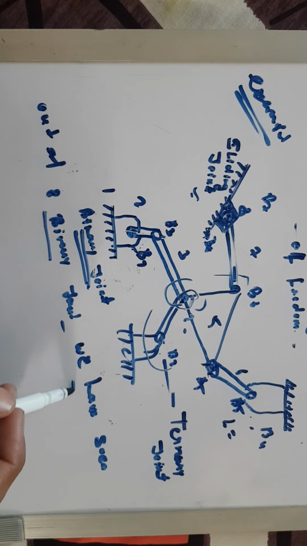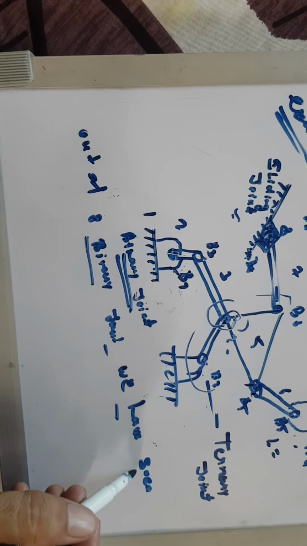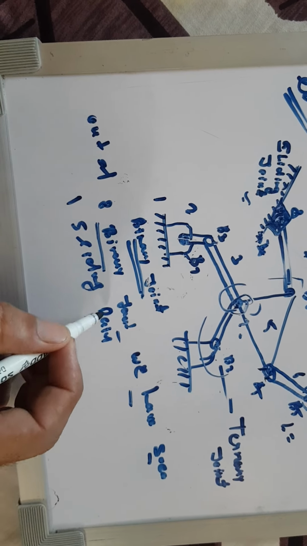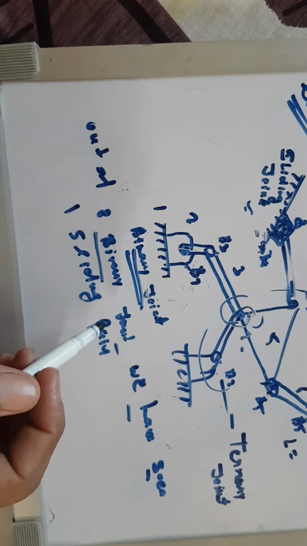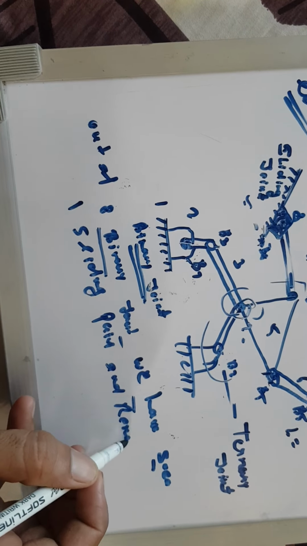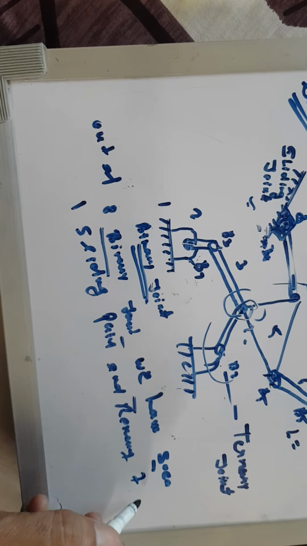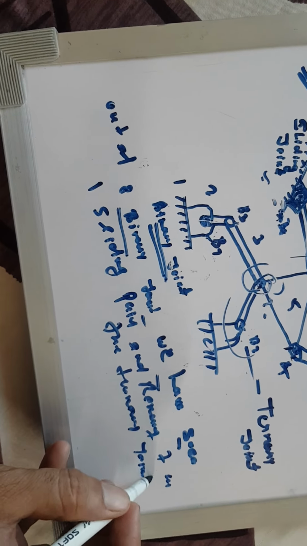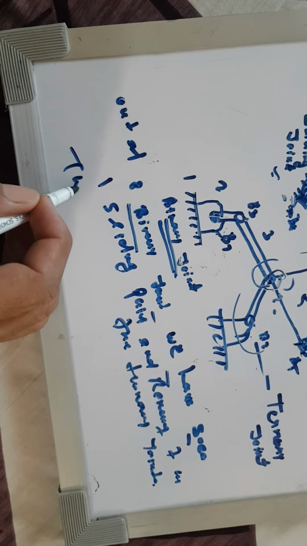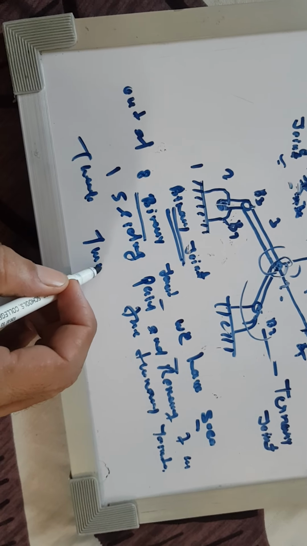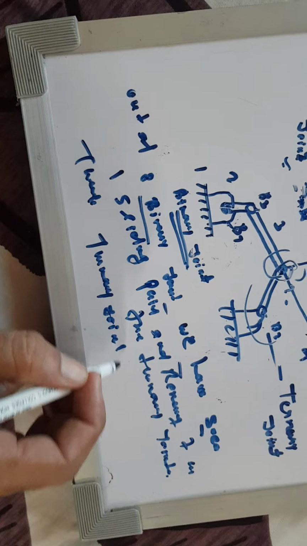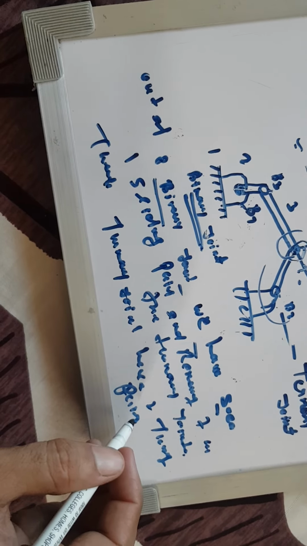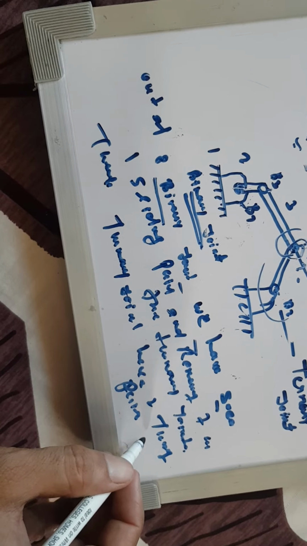Out of the 8 binary joints we have seen, one is a sliding pair, as you can see here. The remaining 7 are the ternary joints, and each ternary joint has two turning pairs, so in total two turning pairs and one sliding pair.